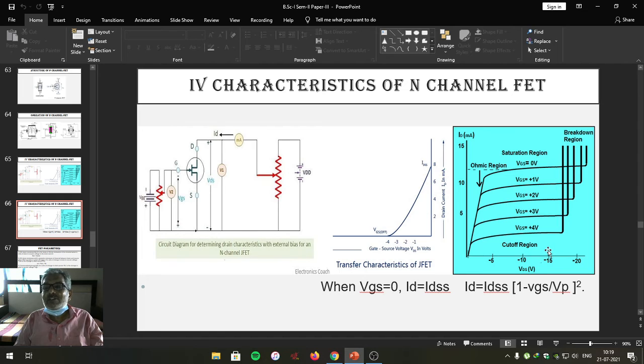Second one is, as VGS changes from -4 volt to 0 volt, all these are negative values, friends, right? Remember, because it is reverse biased, therefore VGS should be negative. When VGS increases from minus towards the plus, ID also increases.